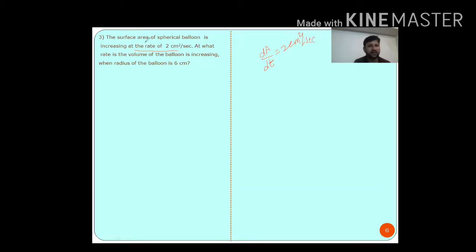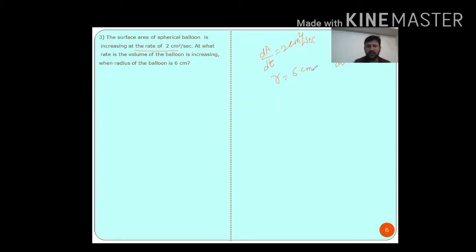Next, at what rate is the volume of the balloon increasing? They have asked for the value of the rate of change of volume, that is dV by dt. And one more condition is provided: when the radius of the balloon is 6 centimeters, r is equal to 6 centimeters.